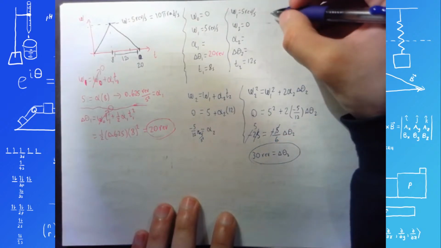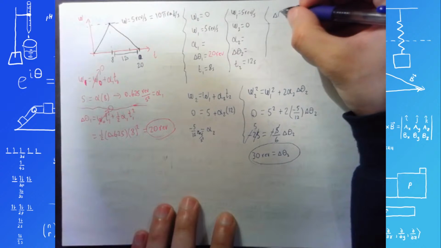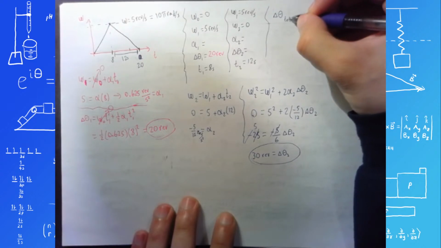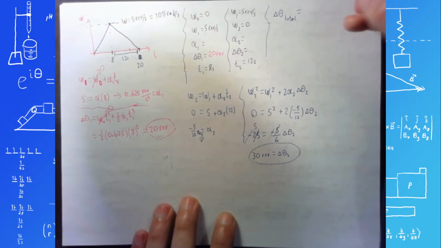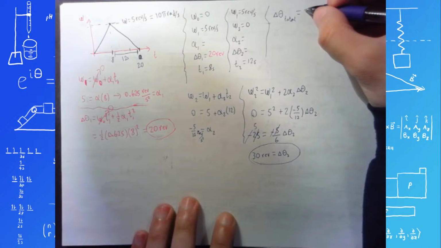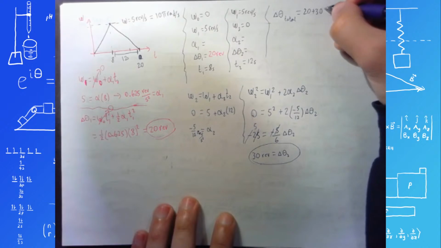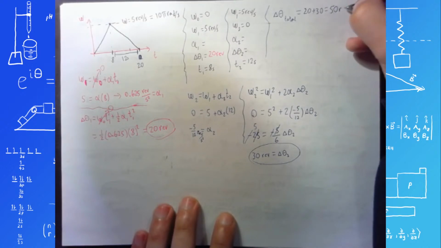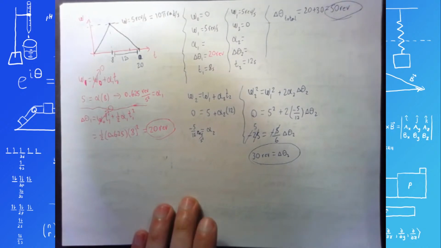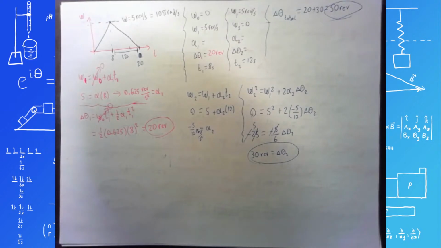And then delta theta total is just 20 plus 30. So it completed exactly 50 spins between speeding up and slowing down to a stop.